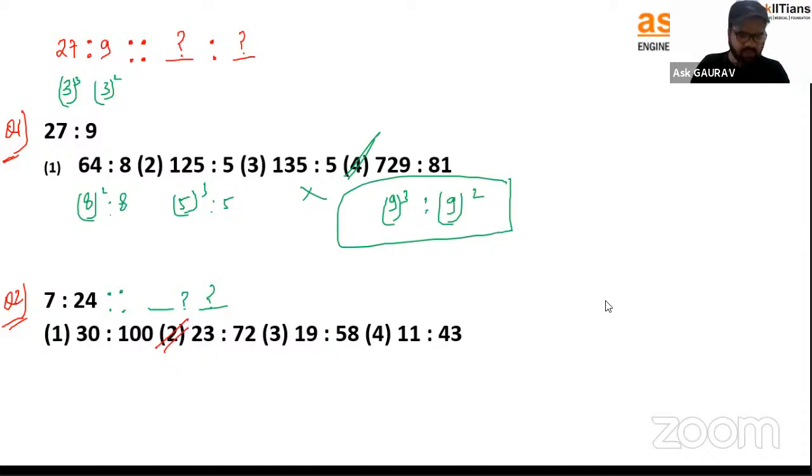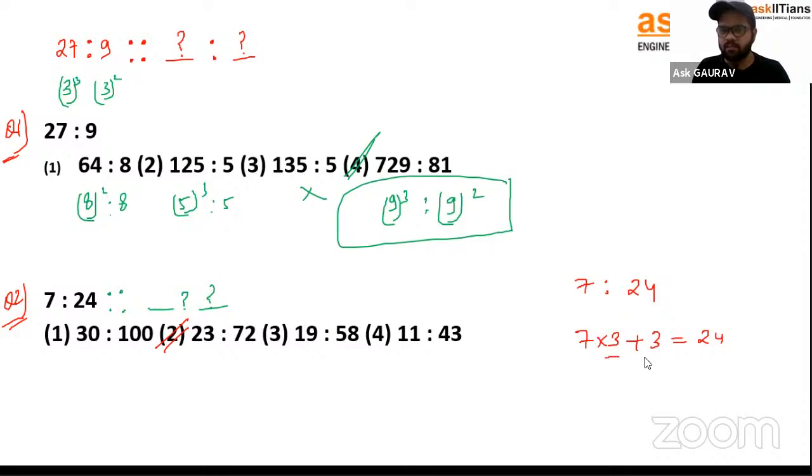See, 7 is to 24. How can you reach 24 with the help of 7? It's not the square, it's not the cube, but yeah, if you just multiply 7 by 3, that is 21, plus 3 is 24.